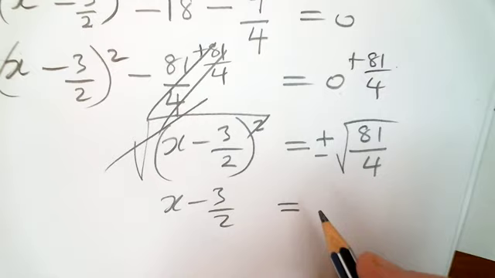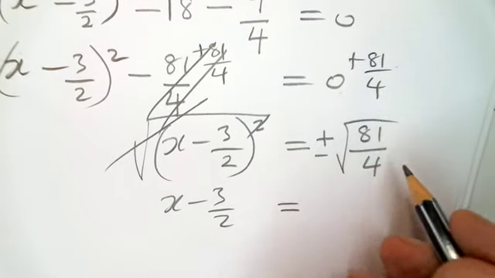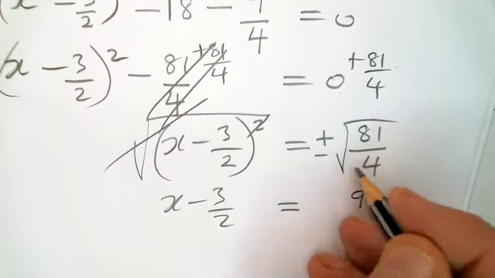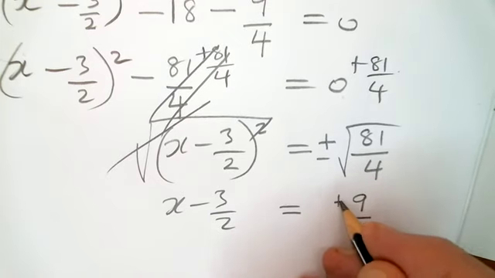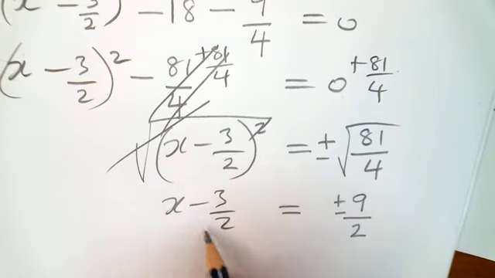Now, the first thing I'm going to do is find the square root of these numbers here. So the square root of 81 is going to be 9. The square root of 4 is going to be 2. Now, this is still plus or minus that, mind you. But now I'm going to get rid of this bit over here on the side, because ultimately I want to be left with x.